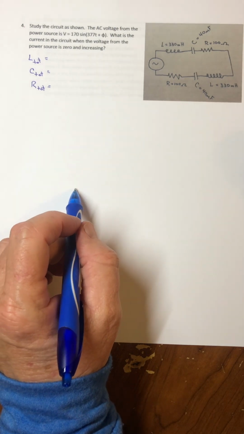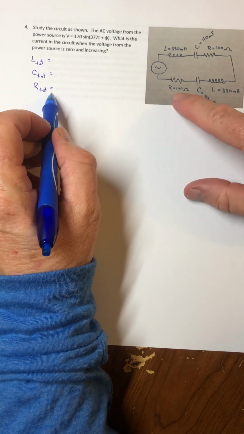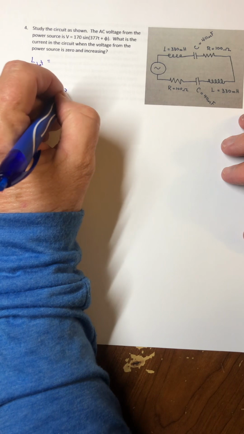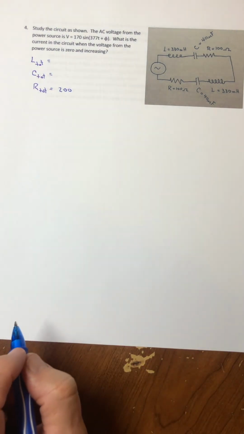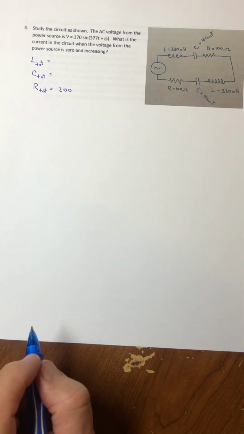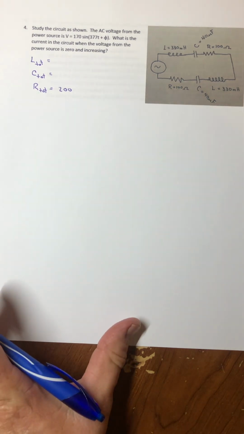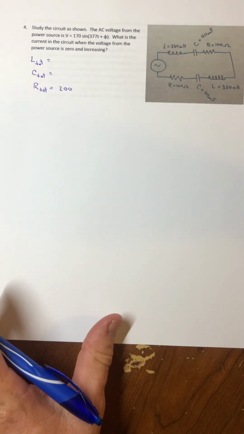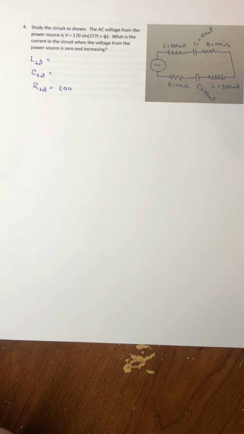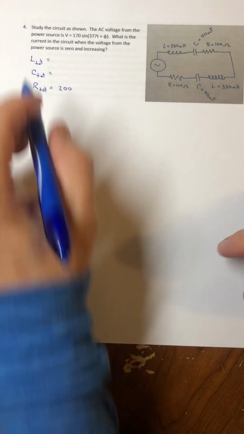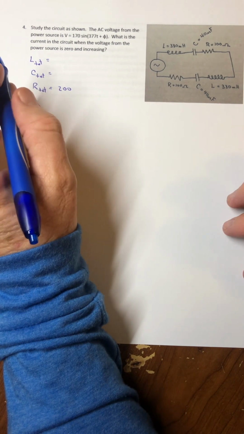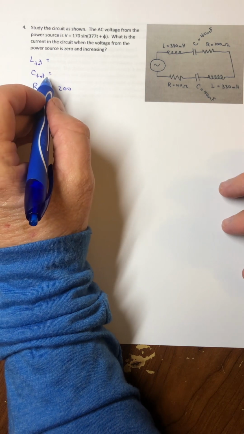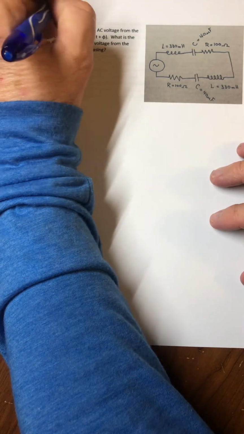And so maybe I'll start with the order we learned them. Resistors in series, you just add. So I would say that the equivalent resistance of this circuit is one resistor of 200 ohms. Then we went on to capacitors. Capacitors had that reverse effect in series.